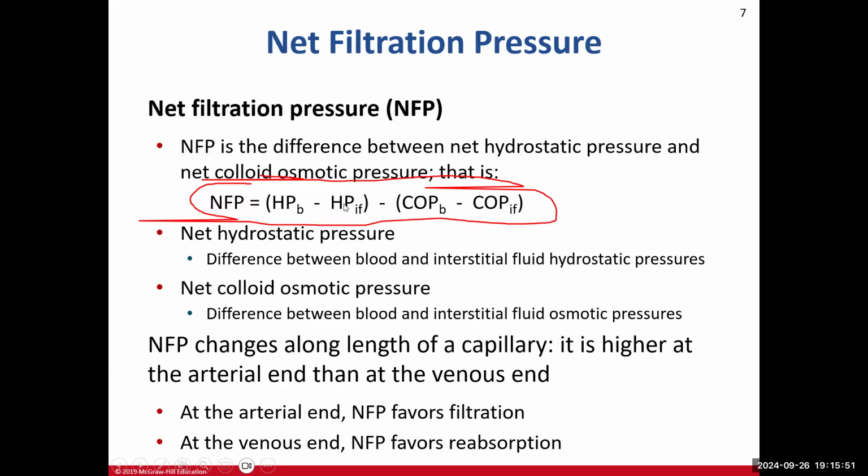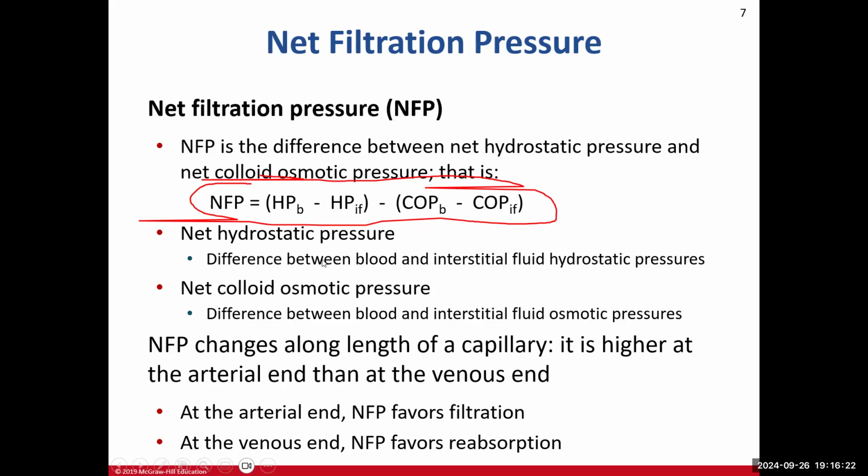So you subtract the interstitial fluid hydrostatic pressure from the blood hydrostatic pressure. Then over here with the colloid osmotic pressures, you subtract the interstitial fluid colloid osmotic pressure from the colloid osmotic pressure in the blood. Once you get those two values, you subtract your colloid osmotic pressure difference from your hydrostatic pressure difference.